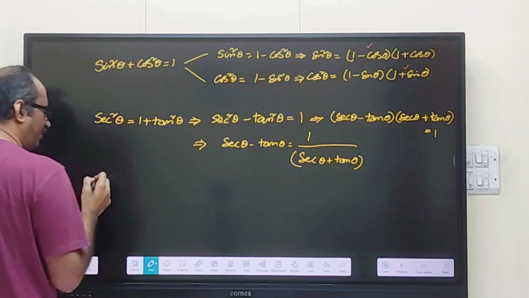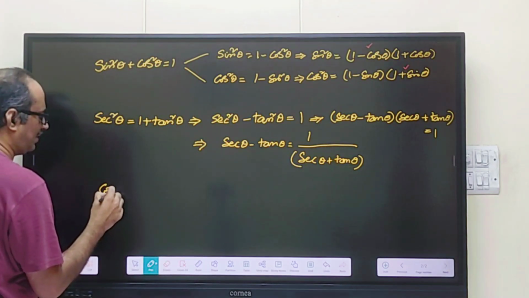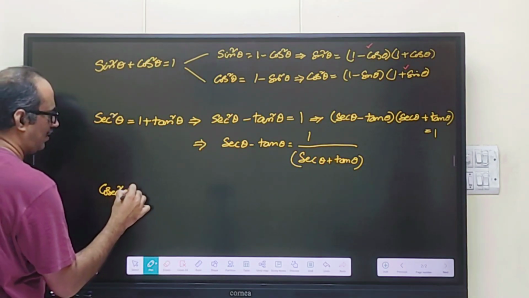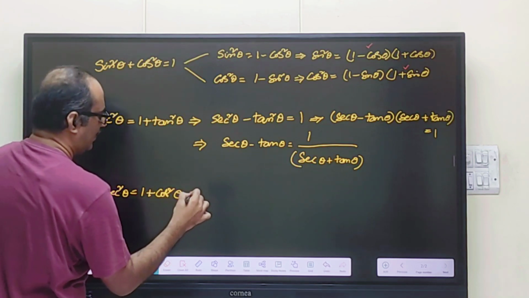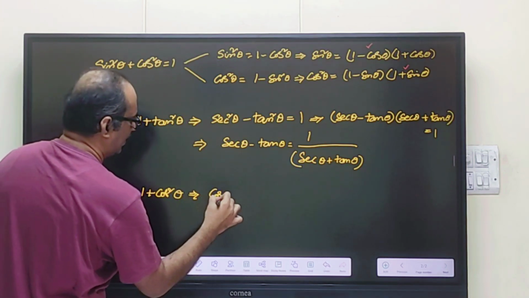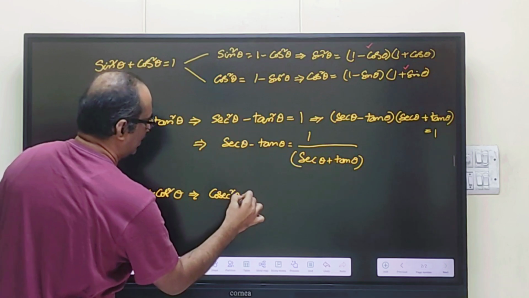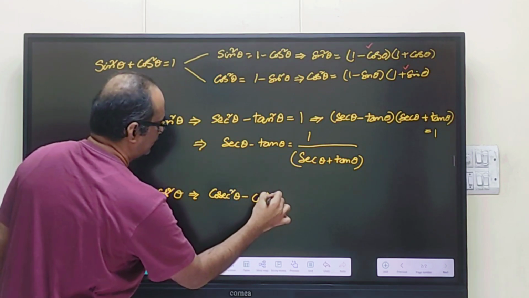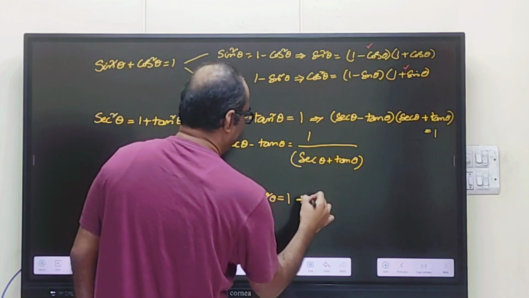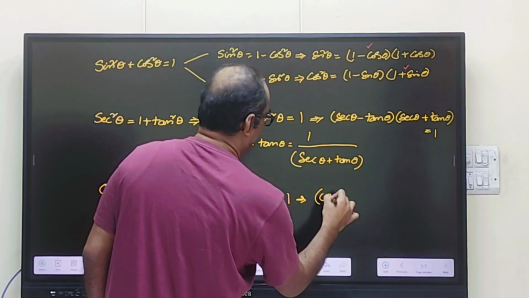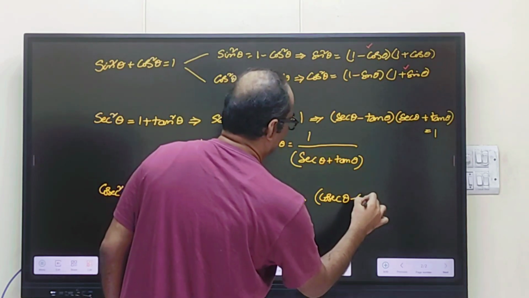Similarly, we can go to the last identity, which is cosec square theta equals 1 plus cot square theta. We can write it as cosecant square theta minus cot square theta equals 1. That means, again, a square minus b square, we can write as a minus b into a plus b.